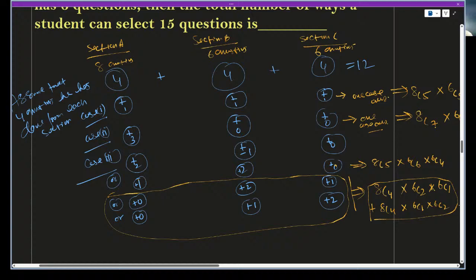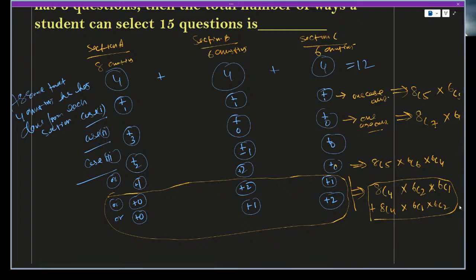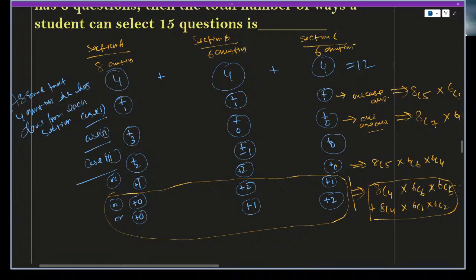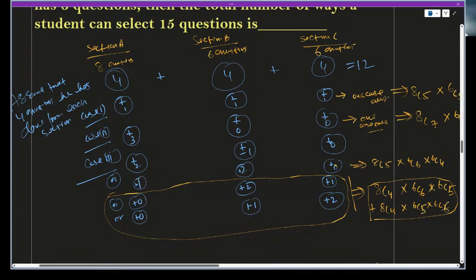Last case there was 8 C, 6 C2, 6 C6 it will be, sorry. And it will be 6 C5. Isn't it? This also will be, and this one. And this one, 2, 1, 0.